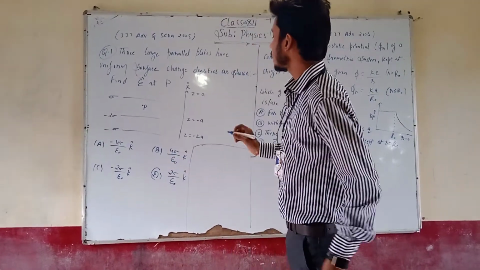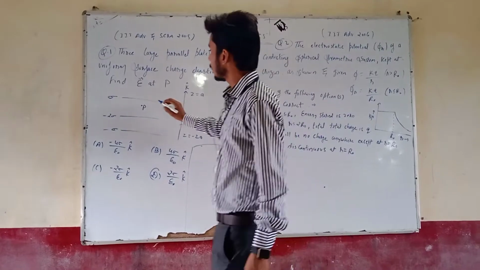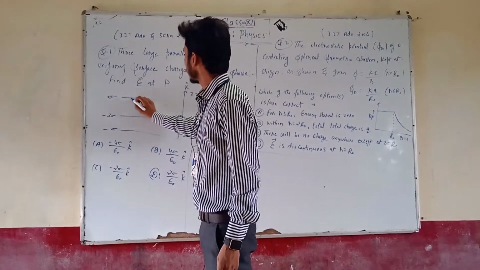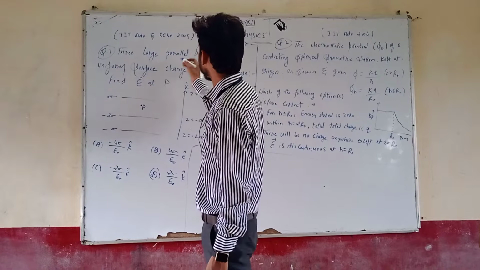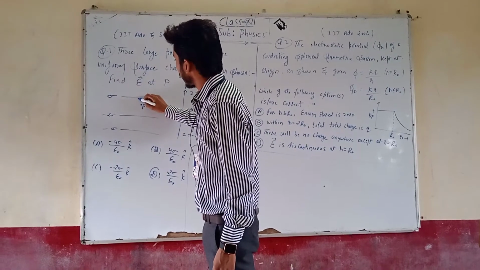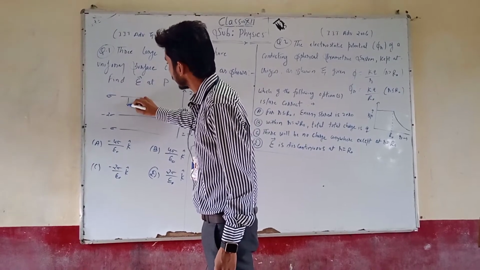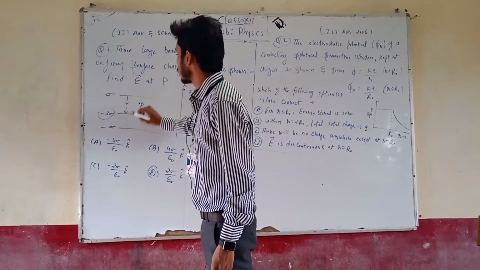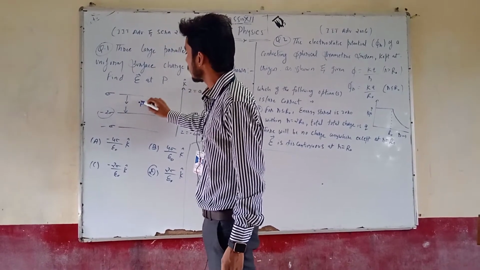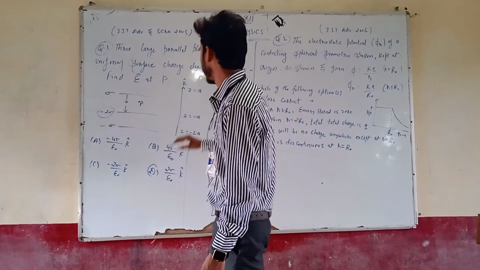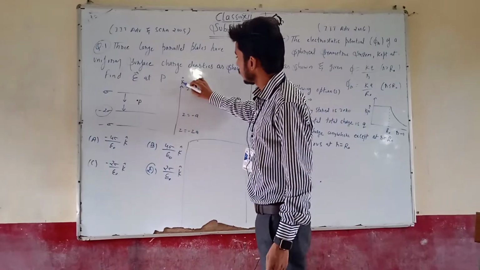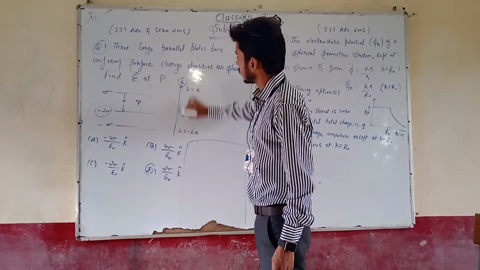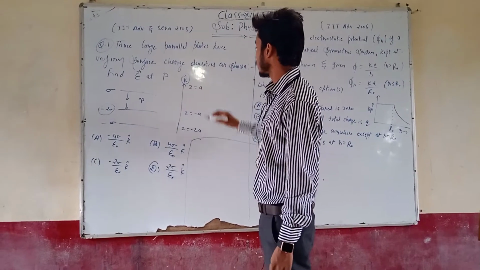Now we know that the electric field due to any parallel plate is away from the positive plate and towards the negative plate. So the electric field due to both these plates will be in the same direction, and we know that this is the z direction in the upper direction.